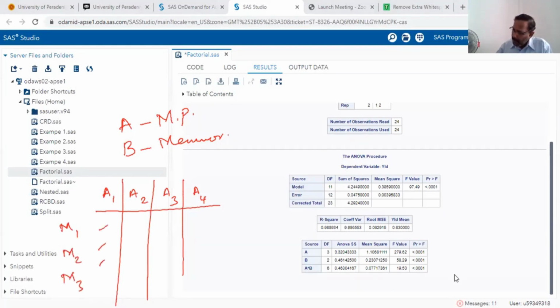Under the first level of program, which memory is better? Under the second level, which memory is better? Under the third level, and under the fourth level, which memory is better? For each program, which memory is better? So we are going to look at that.